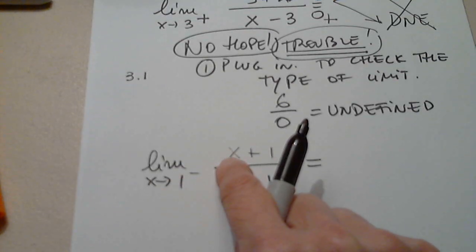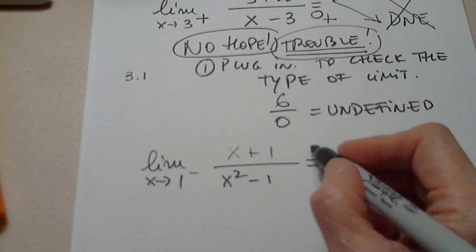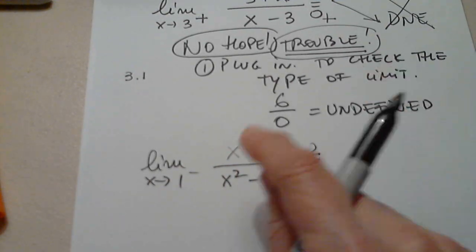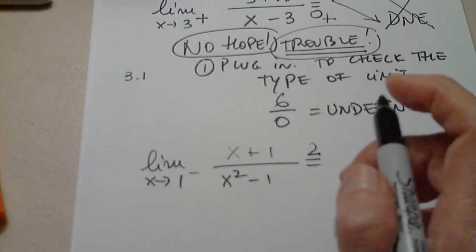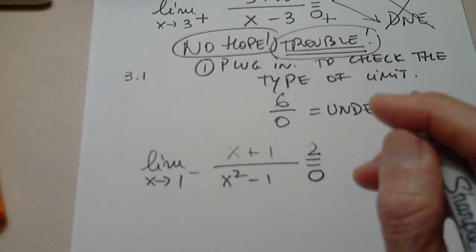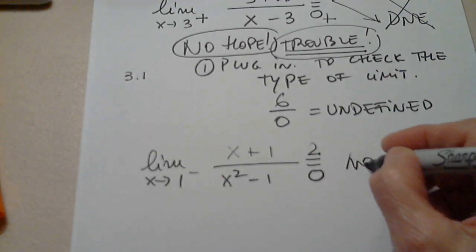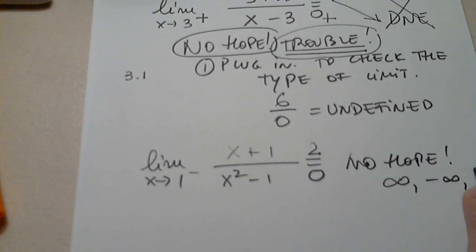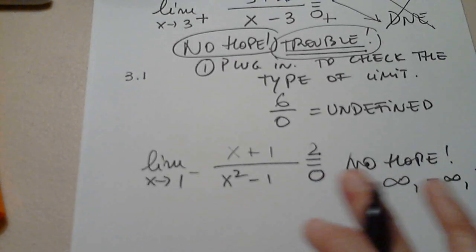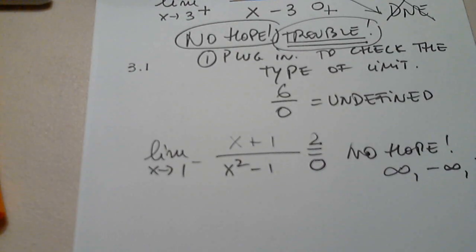When I plug in 1 plus 1, I get 2. When I plug in 1 minus 1, I get 0. I know trouble. I know no hope. I know infinity, negative infinity, or DNE. This is a dead situation. Dead in the water. Okay.